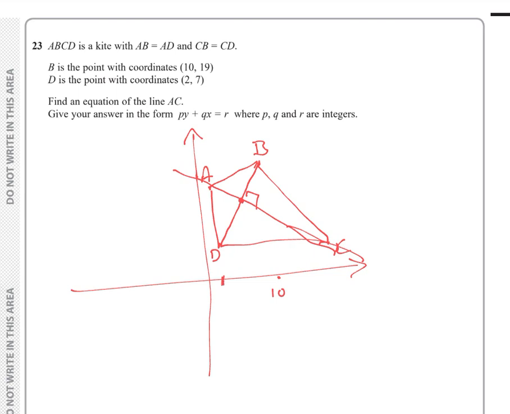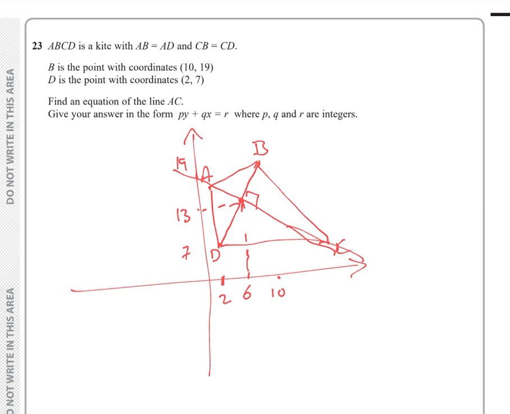So this is 2, that's 10, so this point here is between 2 and 10, that's 8, so that's 4, so that's 6. And this is between 7 and 19. So 7 up to 19 is 12. 6 onto that is 13. So that midpoint is at 6, 13.